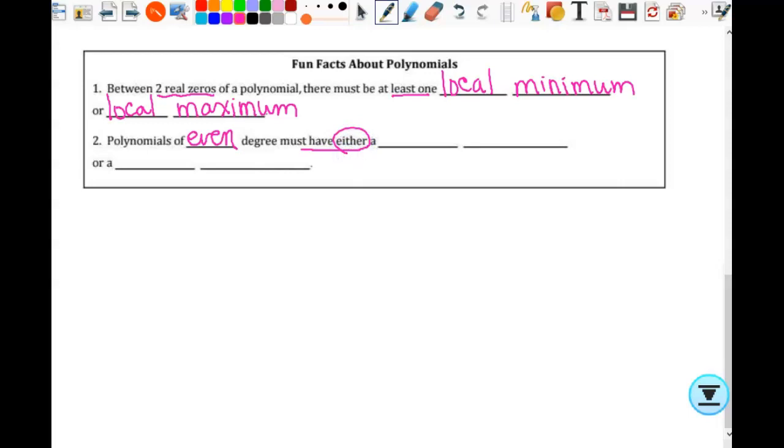It's one or the other. You can't have both. A global, what's another word for global? Absolute. Global minimum. Or a global maximum.